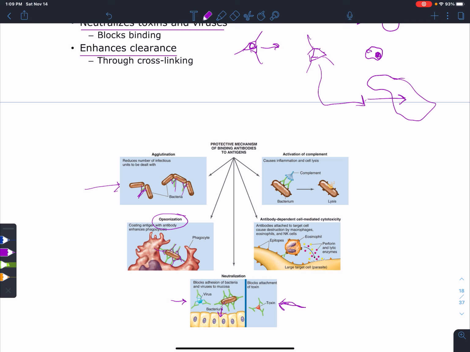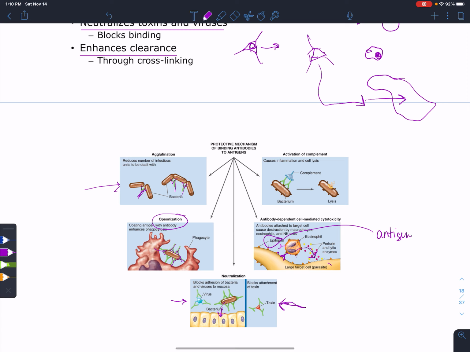Here's an eosinophil, antibody-dependent cytotoxicity. So this eosinophil has these little antibodies that are attached to it. So these antibodies are on here, and it recognizes, here's an epitope. An epitope is basically the antigen. So the eosinophil recognizes it, attaches, and then spits out these cytokines, porphyrins, enzymes, whatever it has in its arsenal to destroy that larger cell.